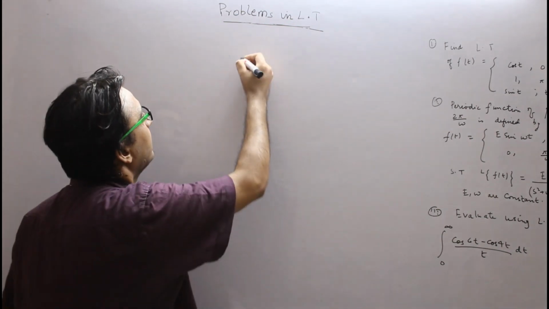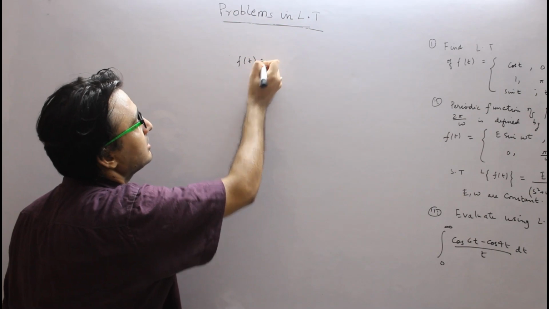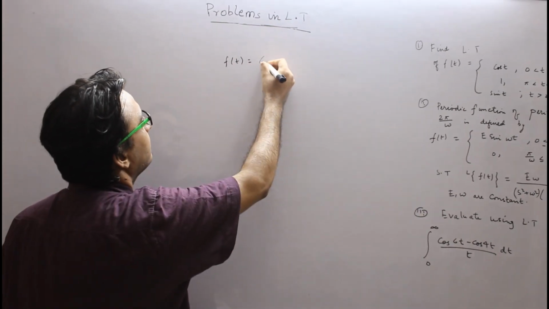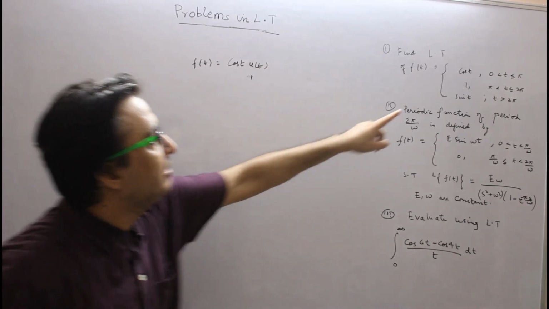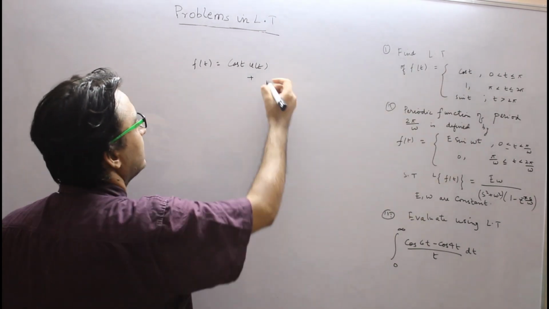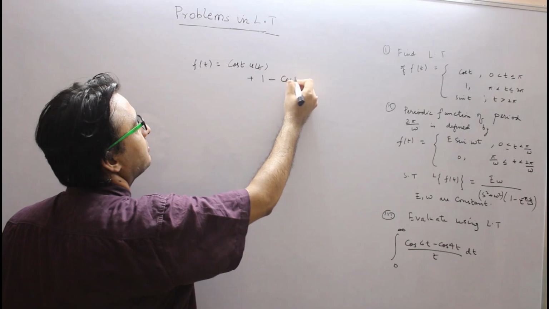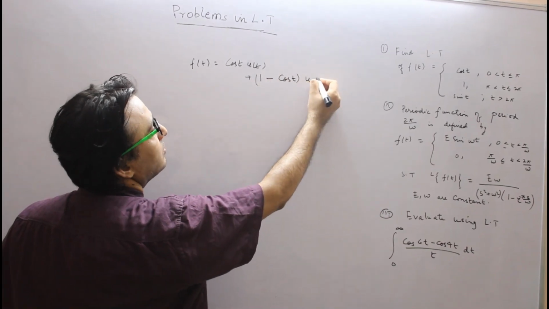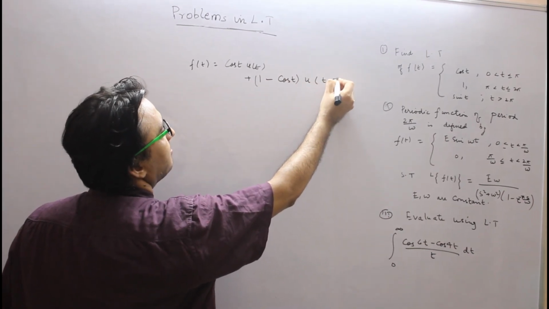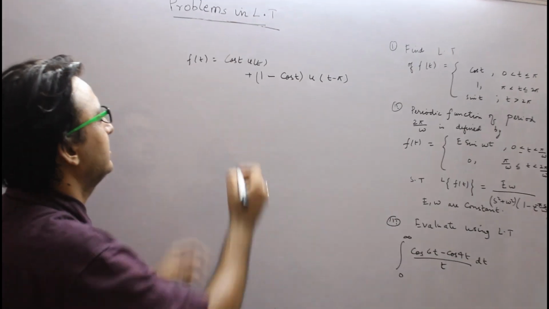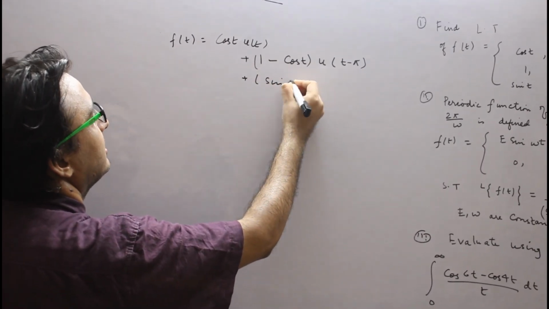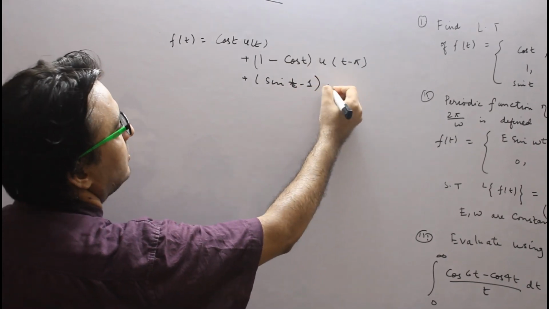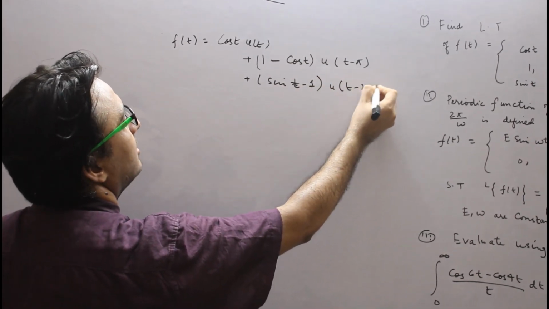The question says f(t) is equal to cos t u(t) plus [f2 minus f1]. What is it? It is [1 minus cos t] u(t minus pi) plus the third function, that is sin t, minus the second function, [sin t minus 1] u(t minus 2 pi).